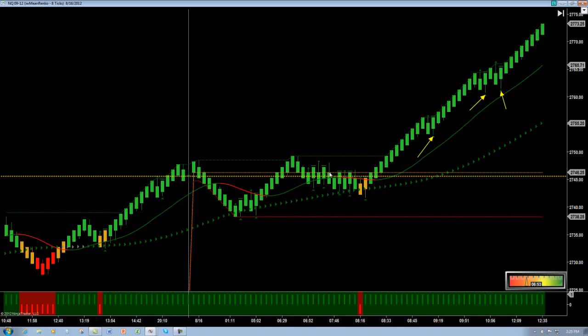If I'm hanging around the Globex Open or the regular trading hour open, I tend to back off. So granted, maybe I missed out on this initial move right here because I'm using an 8 range. However, I would have waited until it rose and started to get away from the open anyway. So in my opinion, I'm not out anything.